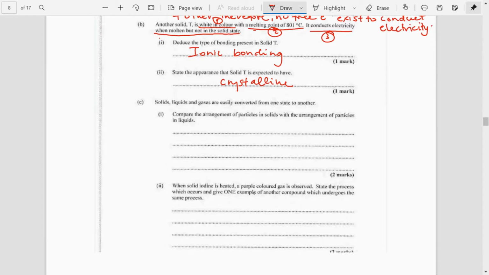Next question states, solids, liquids and gases are easily converted from one state to another.